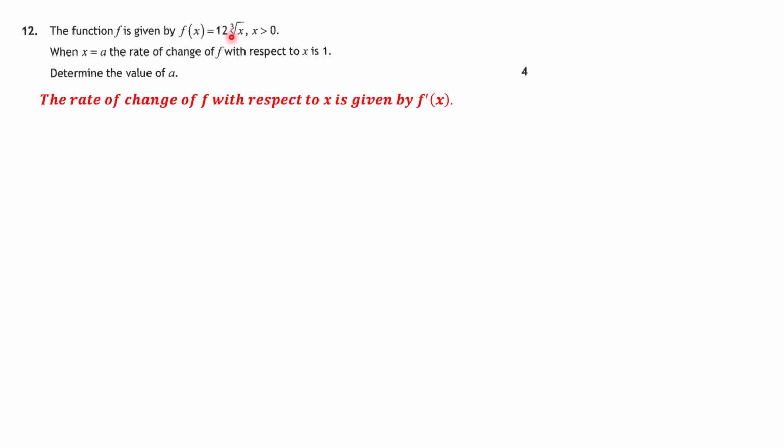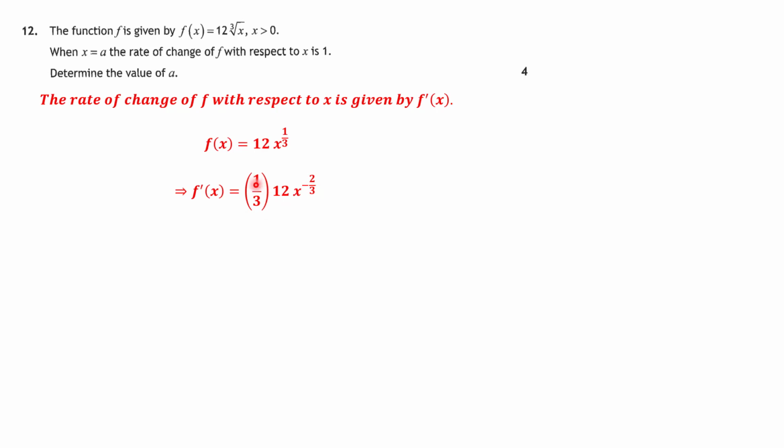Before we do that, we've got to change this into a form that's differentiable. So we change the root form into a power form. So cube root becomes x to the power 1/3. So differentiating, we bring the third to the front, the 12 stays in the middle, and the x becomes x to the power 1/3 take away 1, which is x to the power -2/3.